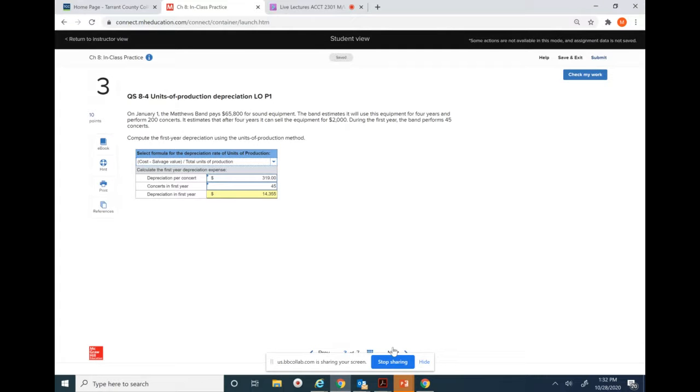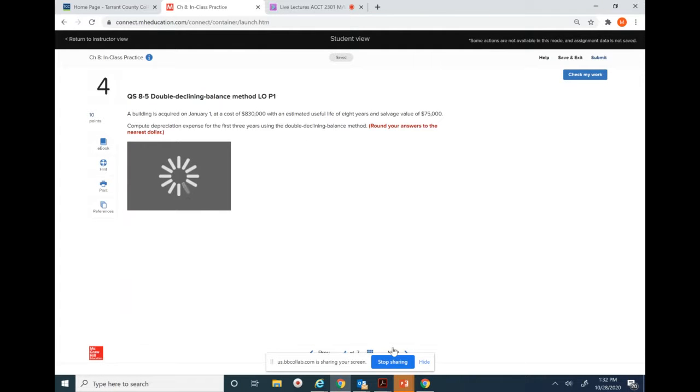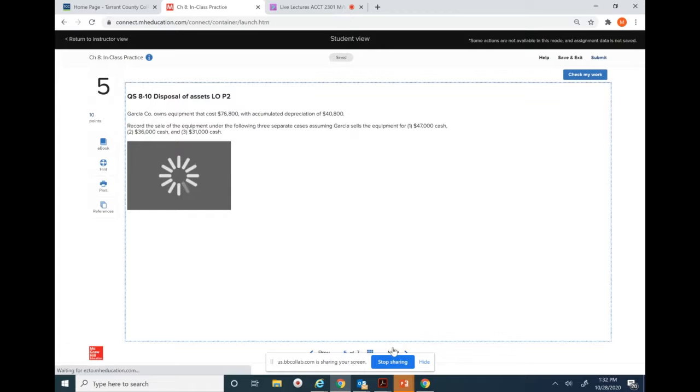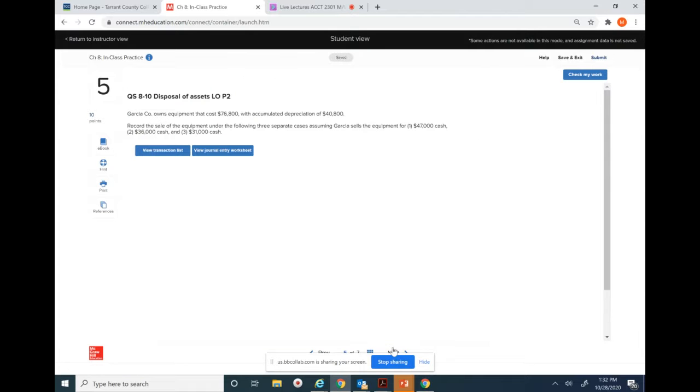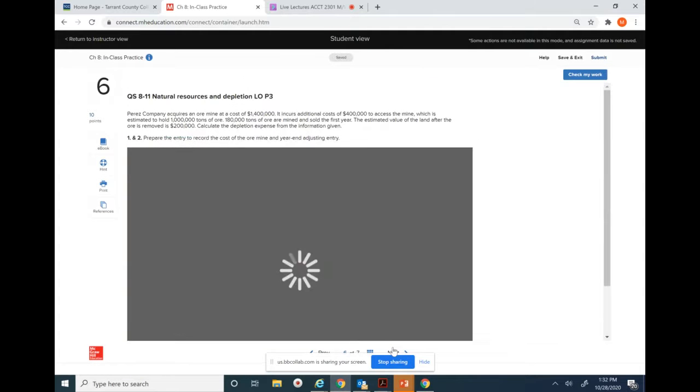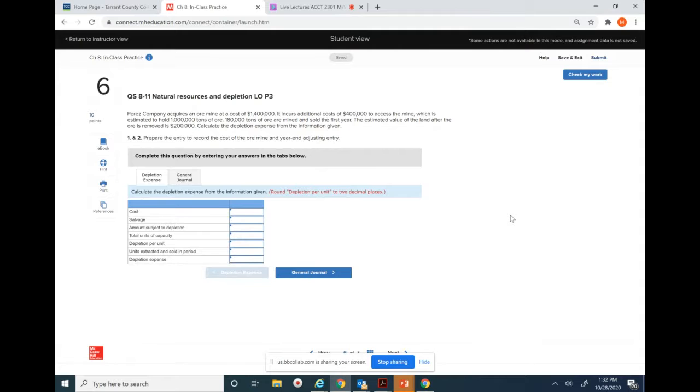All right, so let's look at another problem. I'm going to skip the double declining for now. Let's look at what happens when we deplete natural resources.